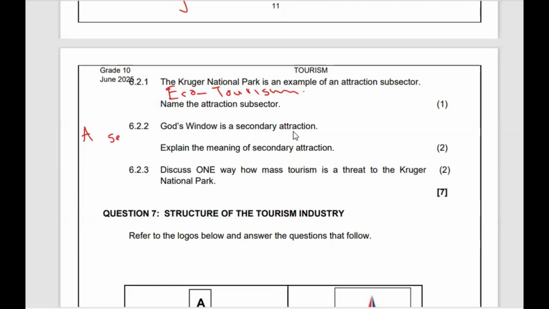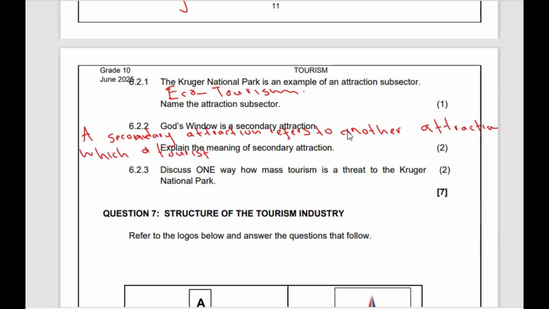A secondary attraction refers to another attraction which a tourist can visit or enjoy in addition to his main purpose of visit.